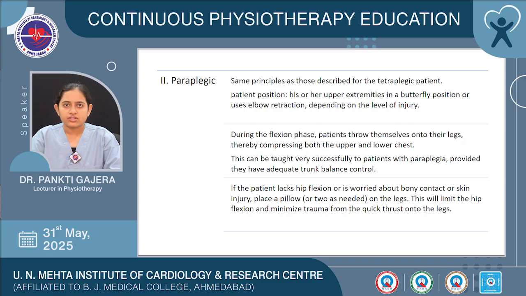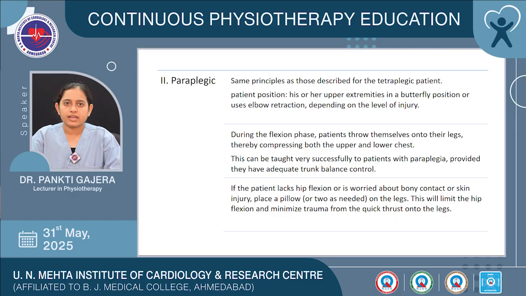During the flexion phase, the patient throws themselves into their legs, thereby compressing both the upper and lower chest. This can be taught very successfully to patients with paraplegia provided they have adequate trunk balance control. If the patient lacks hip flexion or is worried about bony contact or skin injury, place a pillow or two as needed on the legs.